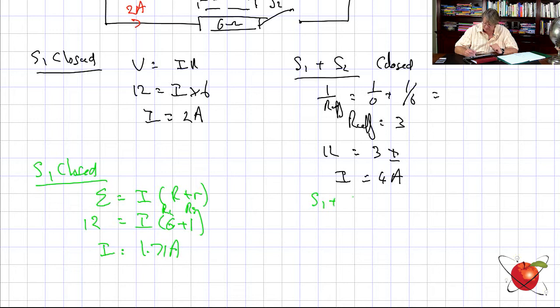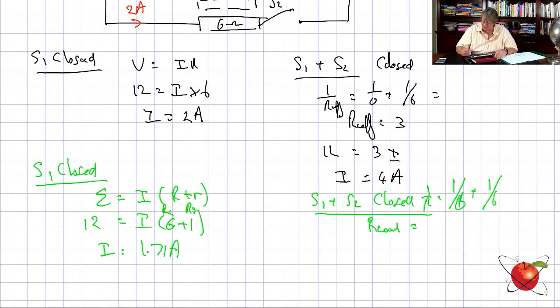Now S1 and S2 closed. What do I do? Straightforward, same again. What is R load? 1 over R is equal to 1 over 6 plus 1 over 6, correct? That gives us R equal to 3.